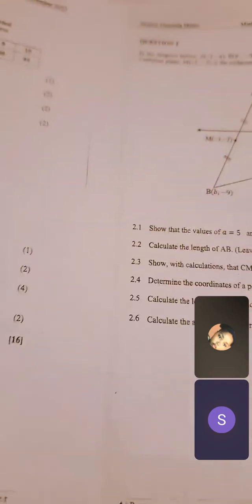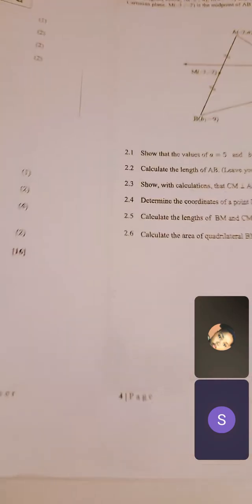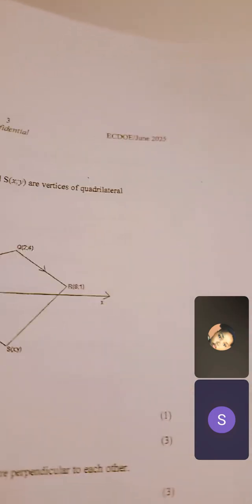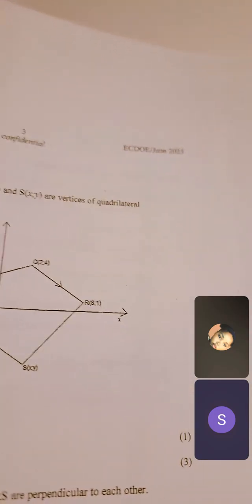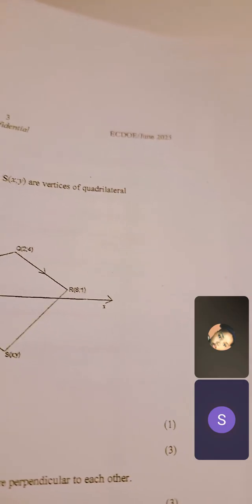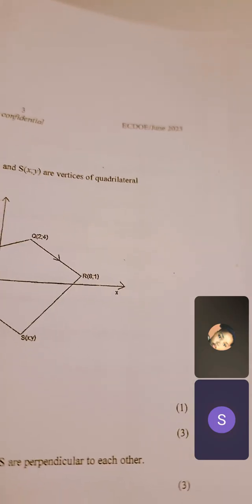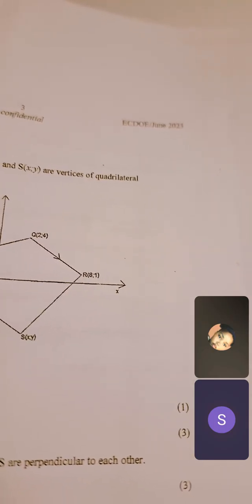MQR is equal to Y2 minus Y1 over X2 minus X1. Okay.